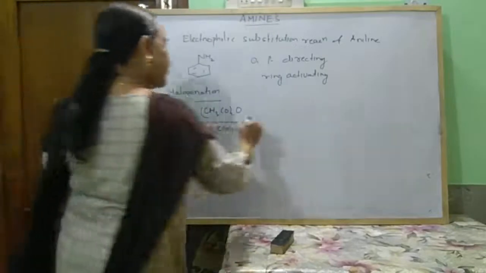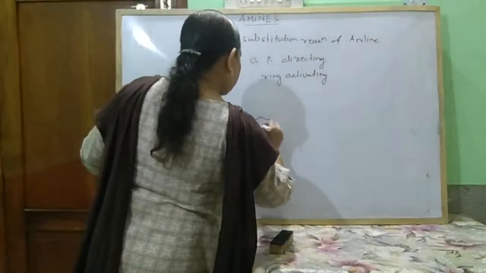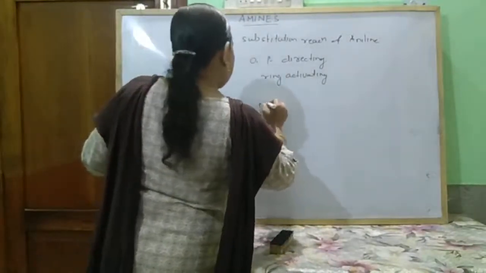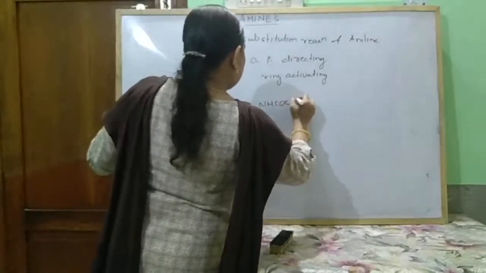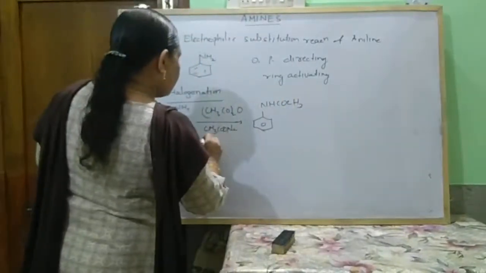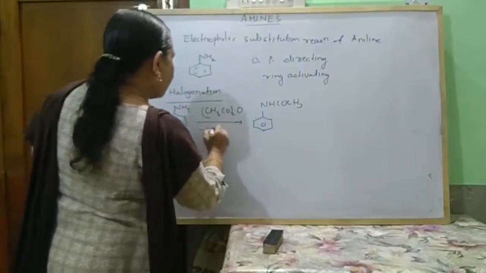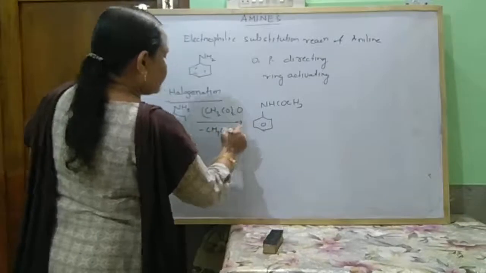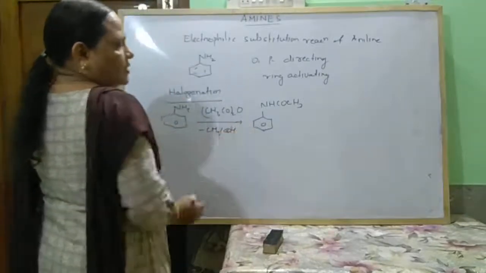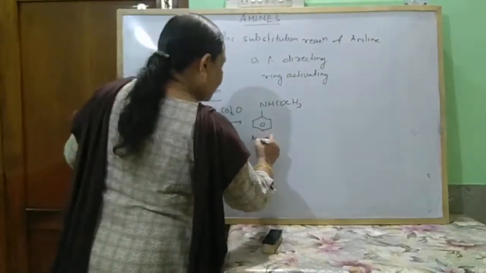Already we know this reaction. It forms NHCOCH3. So here we can write minus acetic acid. So this is acetanilide.